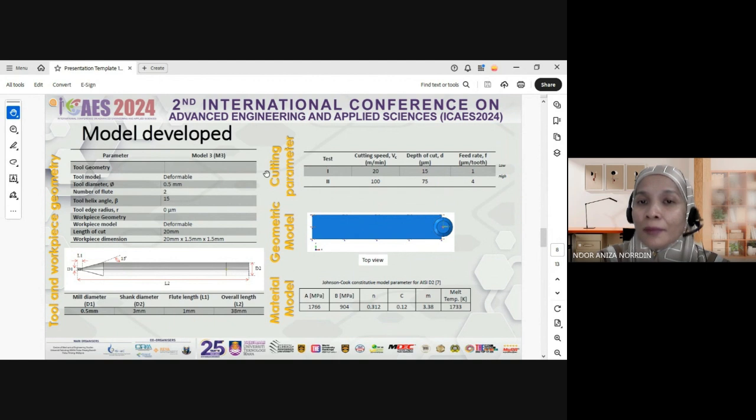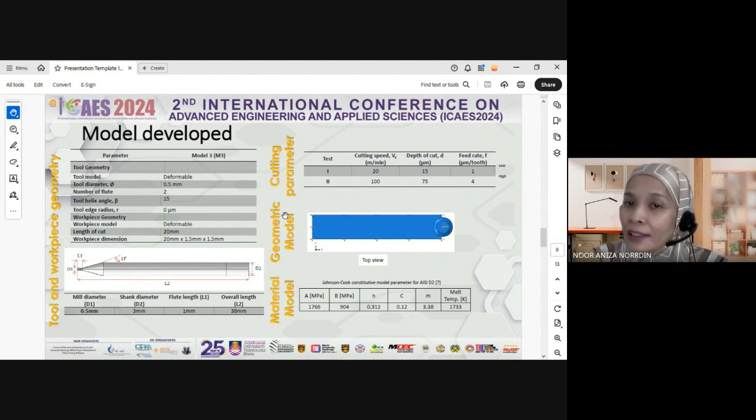The same cutting parameters were used in order to confirm that the cutting force model developed by FEM in this study is capable of predicting the cutting force closely to the experimental results. Okay, the simulation was carried out on an extended workpiece material of 20 millimeters in order to investigate the cutting force during the new tool, which is the initial cutting, and the worn tool condition during the final cutting.